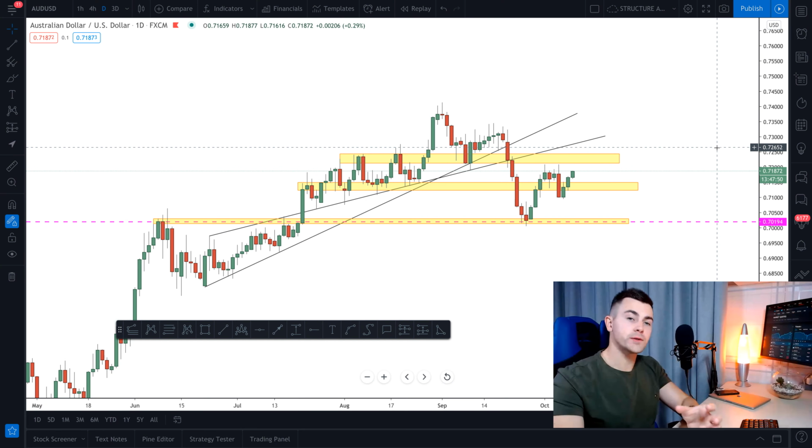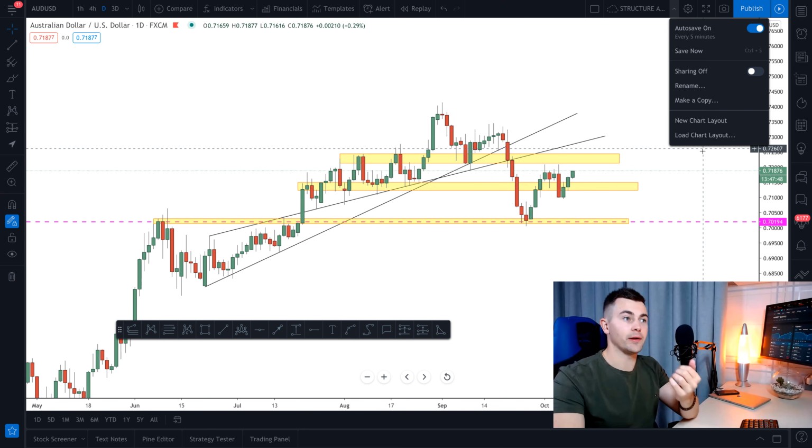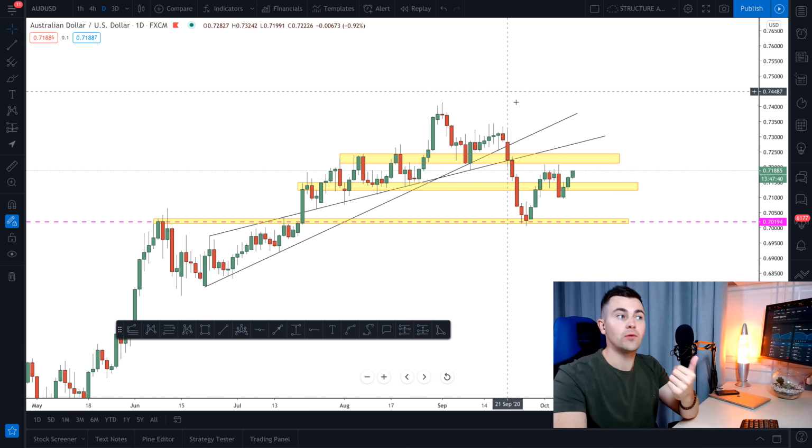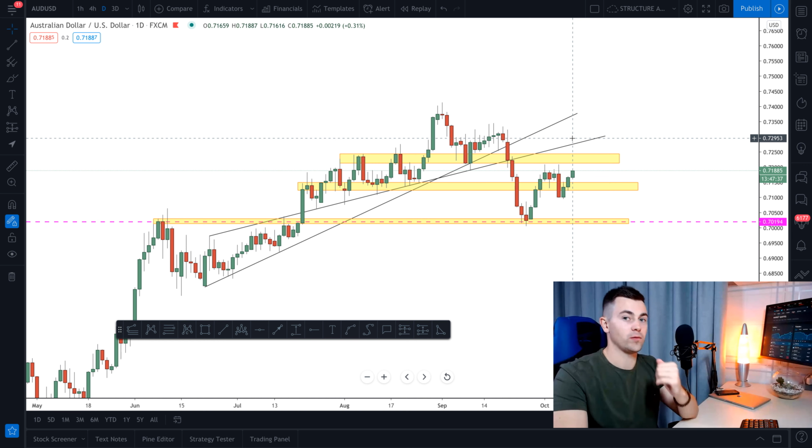The first layout in my list is called structure analysis. If you have followed me for quite a while, you know that I strictly trade the market from key levels, from key daily levels. I apply this layout just for the identification of key levels.